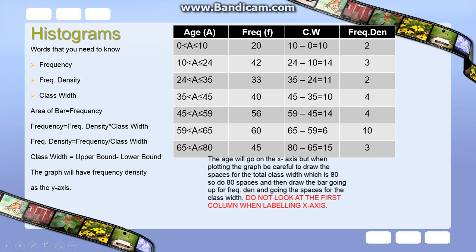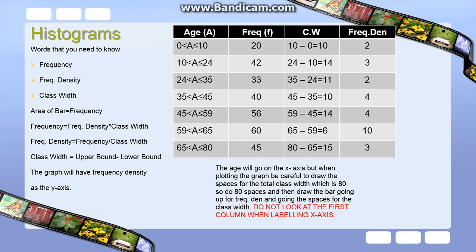And the last note that I'll tell you is that the age will go on the x-axis. But when plotting the graph, be careful to draw the spaces for the total class width, which is 80. So do 80 spaces, and then draw the bar going up for frequency density and across the spaces for the class width. Okay, I'll rephrase that so it's easy to understand.